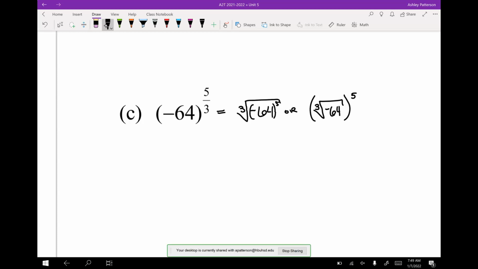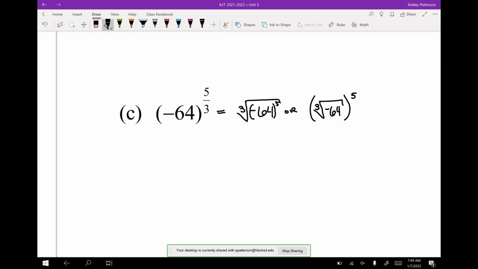In my opinion, if we take the cube root of negative 64, what do we get? Negative 4. That's going to be a little bit easier to raise to the 5th power than if we were to take negative 64 and multiply it to itself 5 times, holy smokes, and then try to break that down with the cube root.